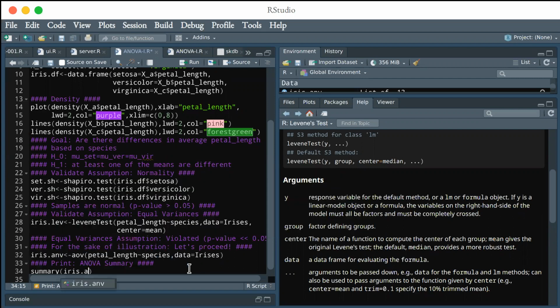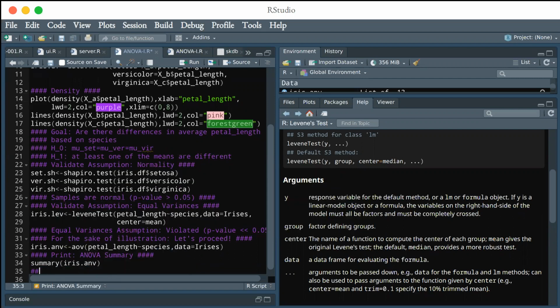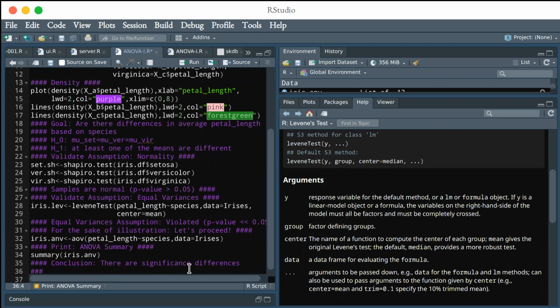So based on the results that we see, our conclusion is that there are significant differences among the three species in average petal length.